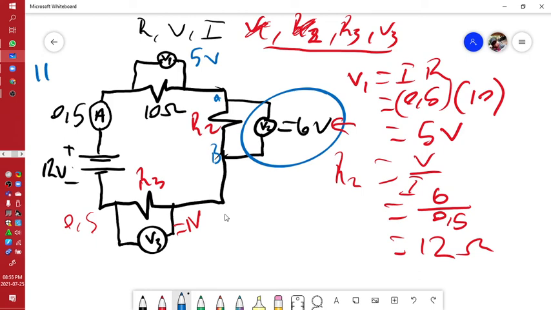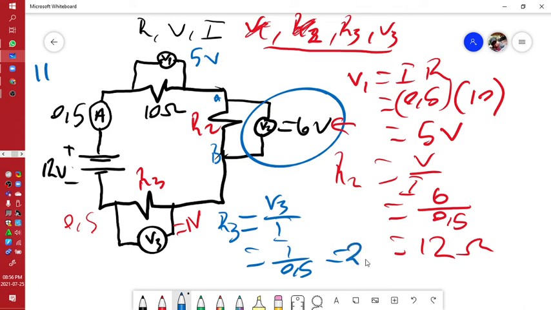R3 is equal to V3 divided by I. V3 is 1 and I is 0.5. So 1 divided by half, you are going to get 2. This is 2, and since we are looking for R3, it's in ohms.